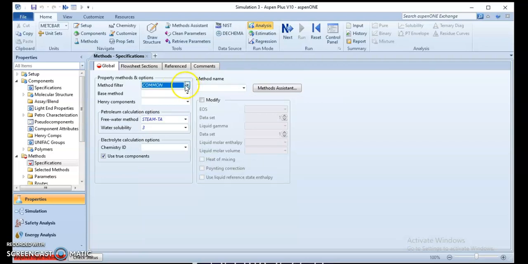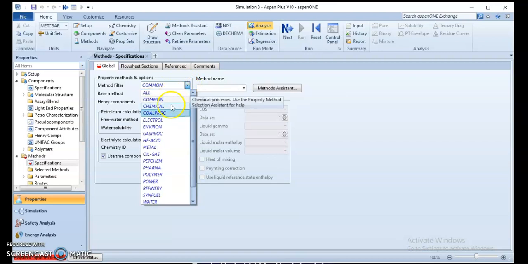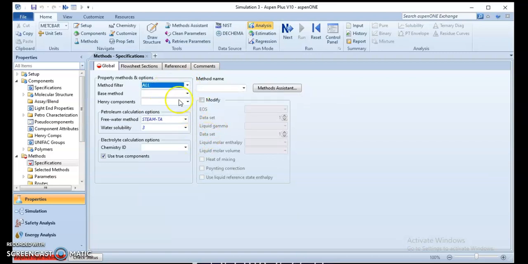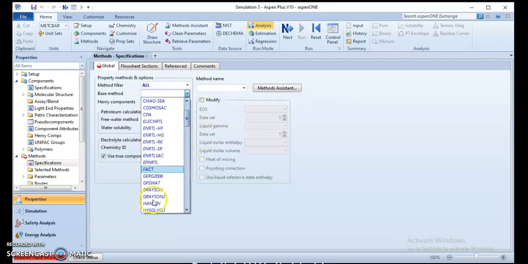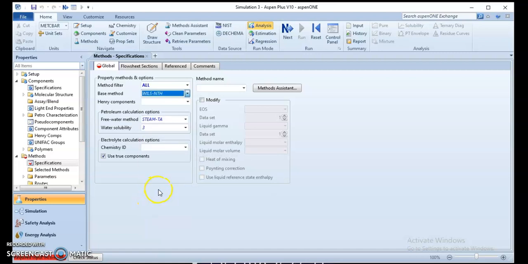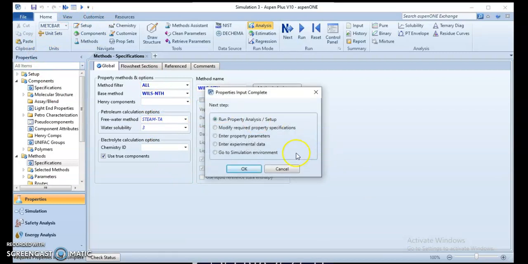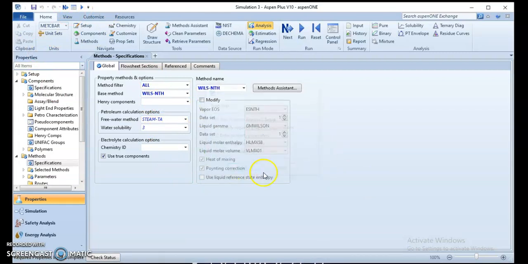Let's change this to the all, and now we can choose from the WILS and TH method. Let's click on the next button and go to the simulation environment.